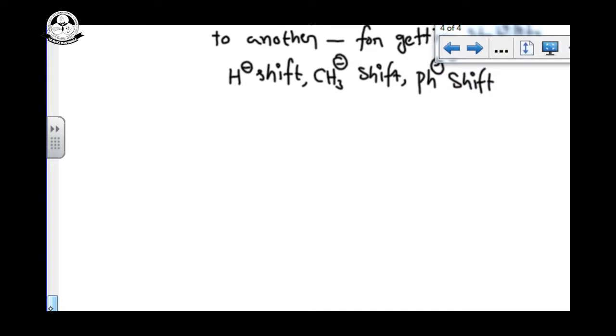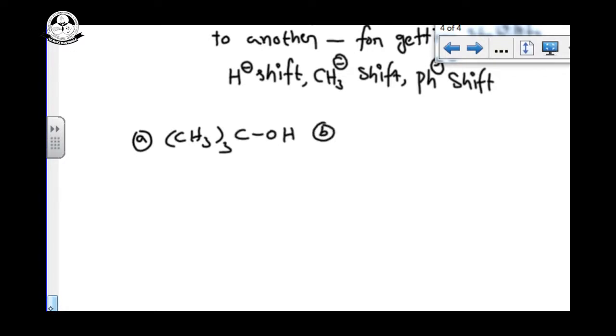For example, I am giving a few alcohols. You can arrange the rate of dehydration of these alcohols. Which alcohol undergoes dehydration fastest? First, a tertiary alcohol, (CH3)3COH.